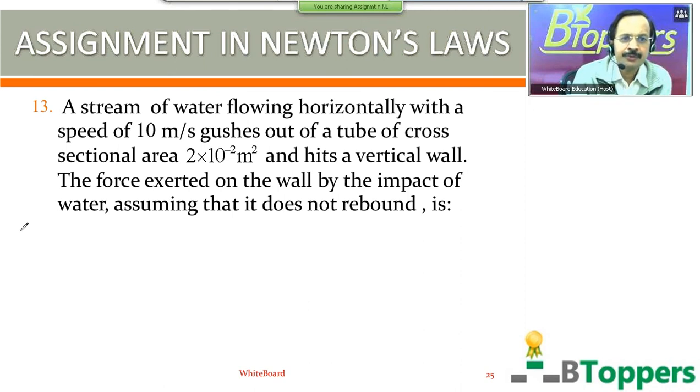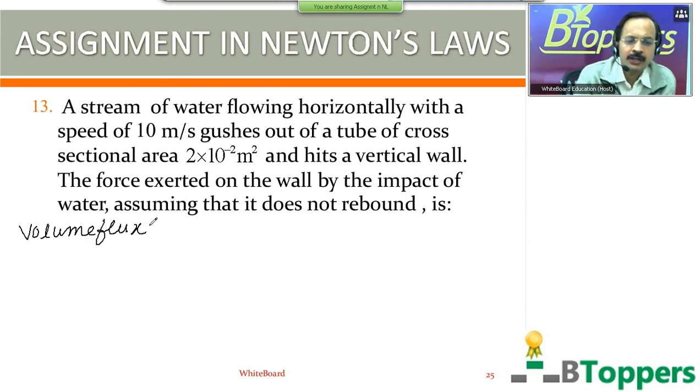there is one term we use, volume flux. Volume flux of water means volume of the water flowing per second through any cross section of the tube. That can be written as the product of area of cross section and speed of water flow.